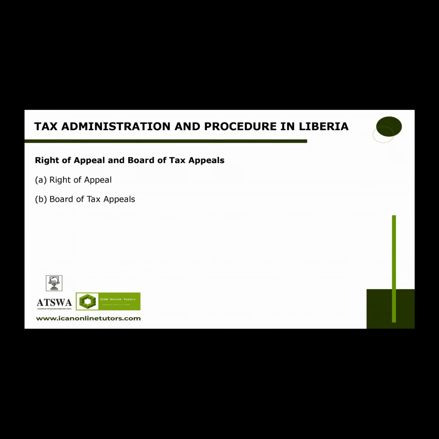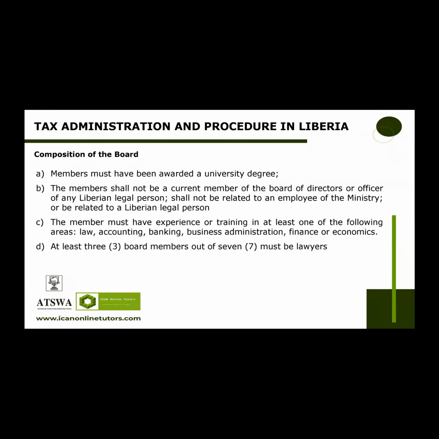The minister or the taxpayer may appeal an unfavorable decision to the Liberia Tax Court, provided that the appeal is lodged within 30 days and is in conformity with the rules of the court. Are we together?